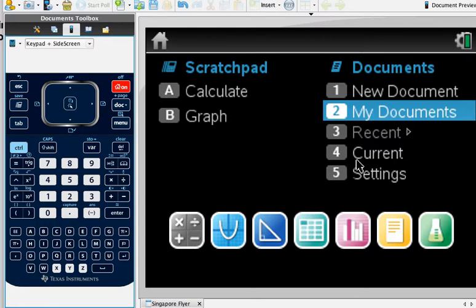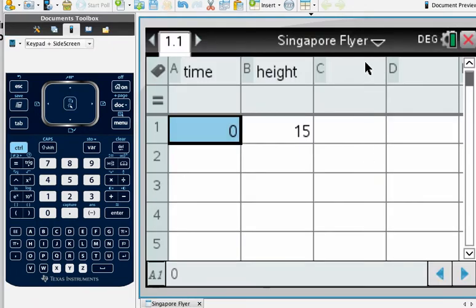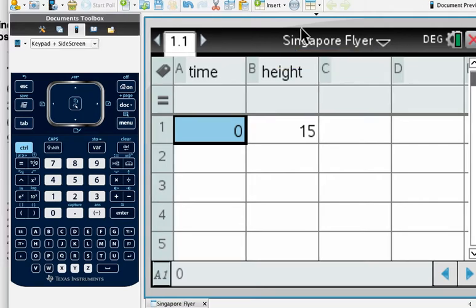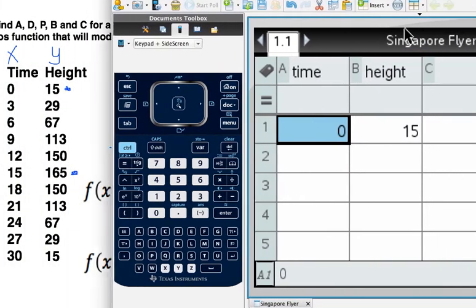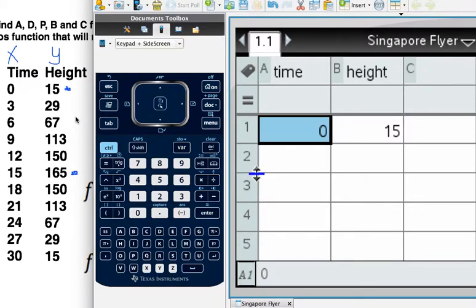Go ahead and open the file, and when you open it, you should have just one tab, and you should have the title Time and Height there. What we're going to do is fill in these columns with the information from our tables that we did yesterday.